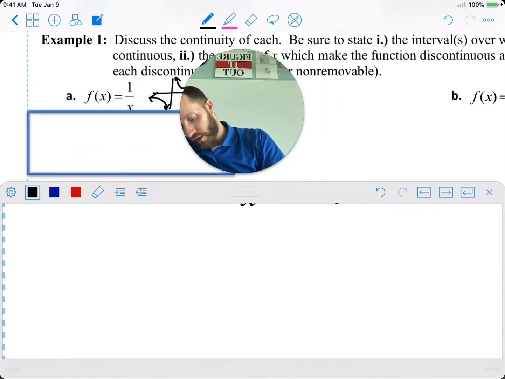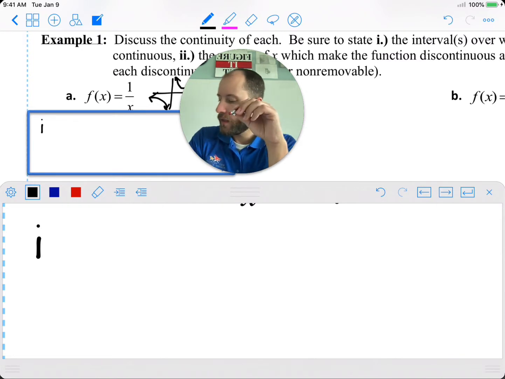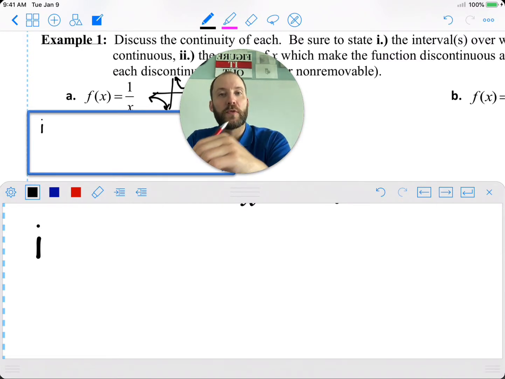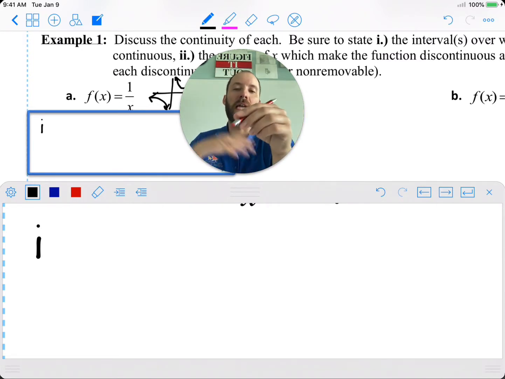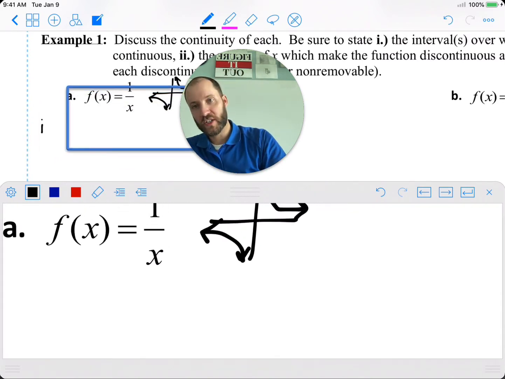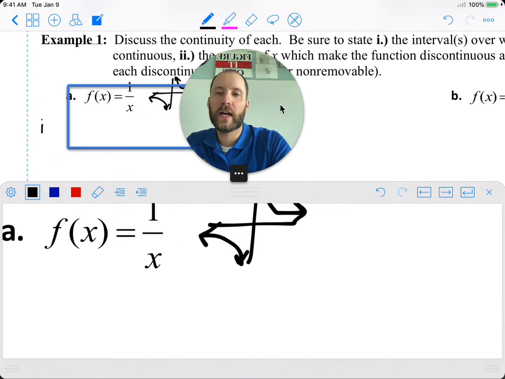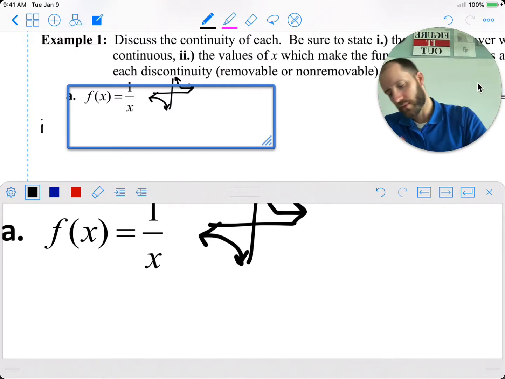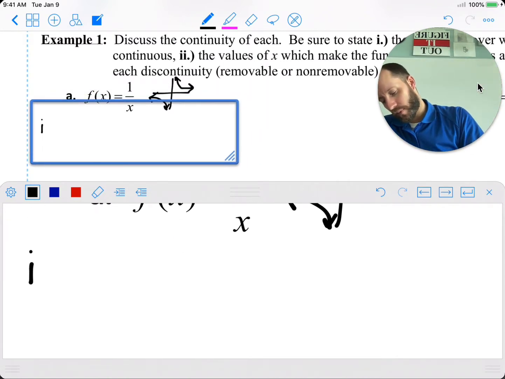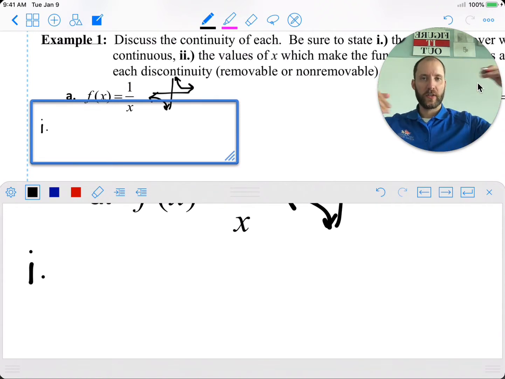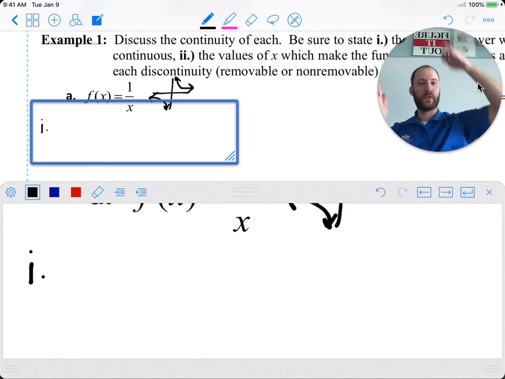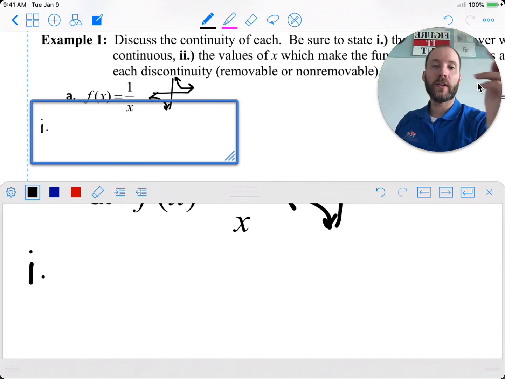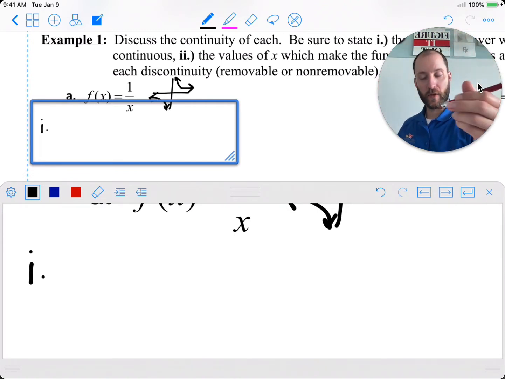So, step 1, state the interval over which it is continuous. Now, with those two branches, let's put it there and see how that goes. So the two branches are pretty intact. This one over here, this one over here. The only problem is at 0.